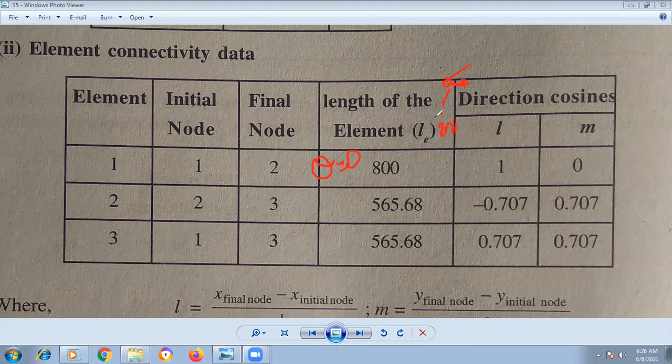For element 1, what is the value of theta? No answer?